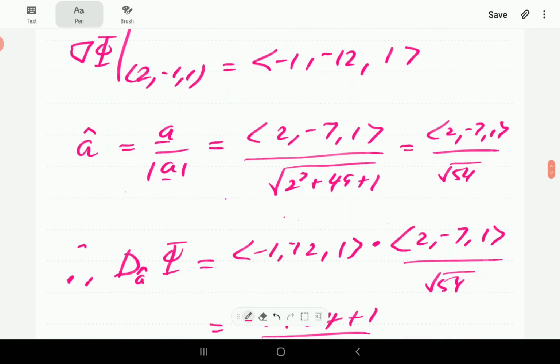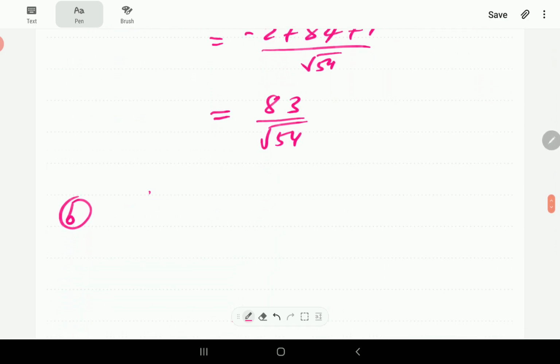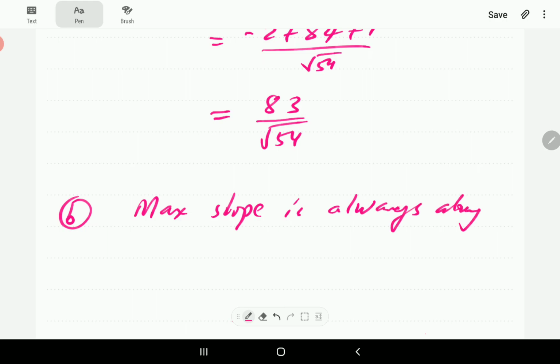So we're saying here the maximum slope is always along the direction of the gradient of phi.